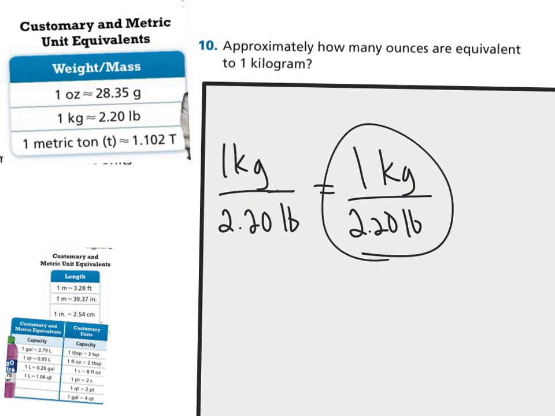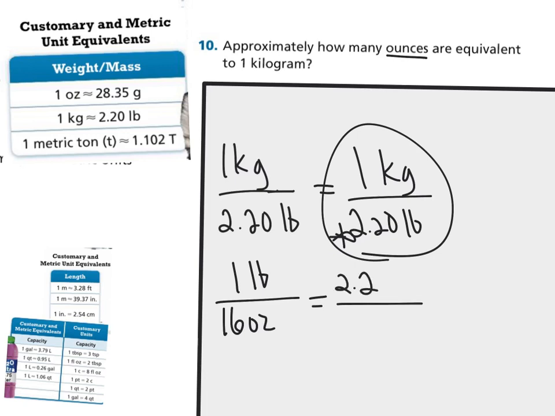1 kilogram is 2.2 pounds, and then we're trying to go to ounces, so we need to use a conversion with ounces and pounds, and that would be one that we had earlier on. You can look at that, or you can look at the document, the paper that's got all the conversion stuff on that I gave to you or shared with you. If you're not familiar, otherwise you can Google search that conversion, I guess. But 1 pound is 16 ounces.